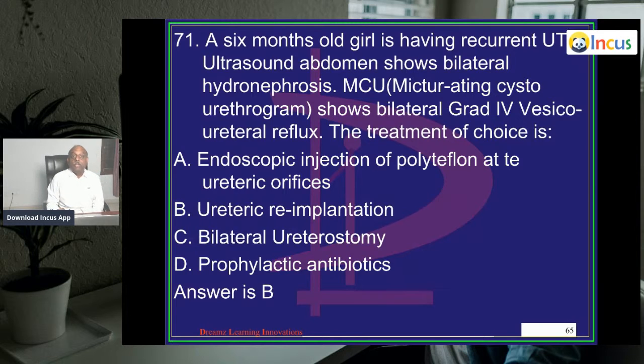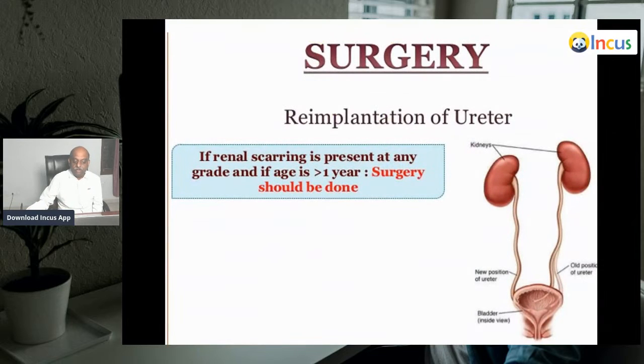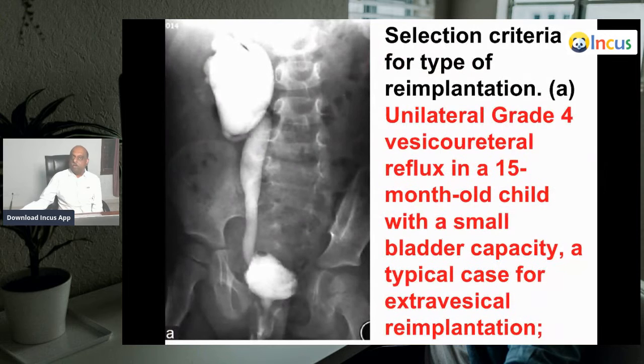So doctor, ureteric reimplantation. Whenever any renal scarring is present, whatever be the grade, doctor, if the age is more than 1 year, surgery should be done. You have many surgical options, of course. So how do you select which surgical procedure to do?